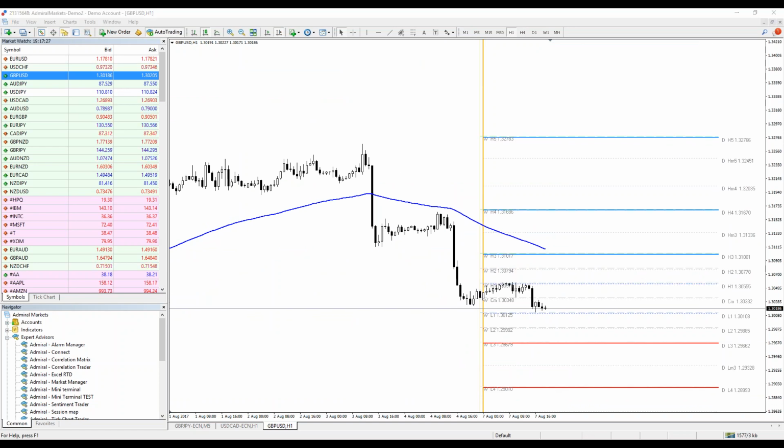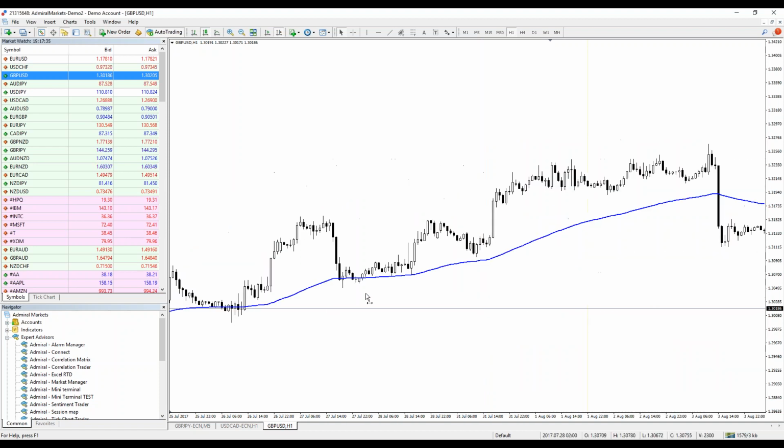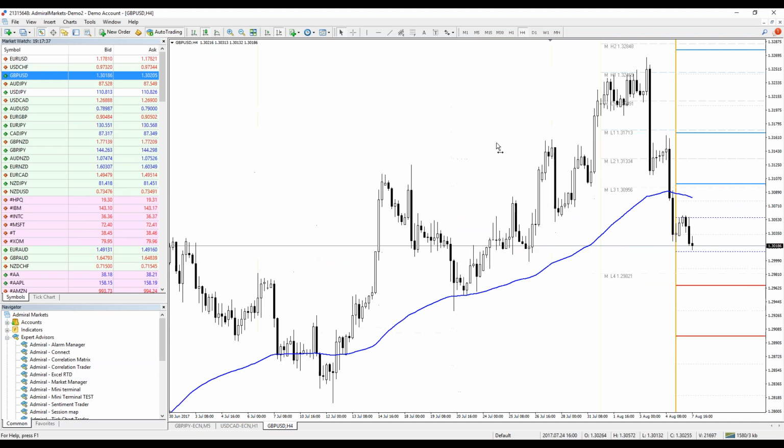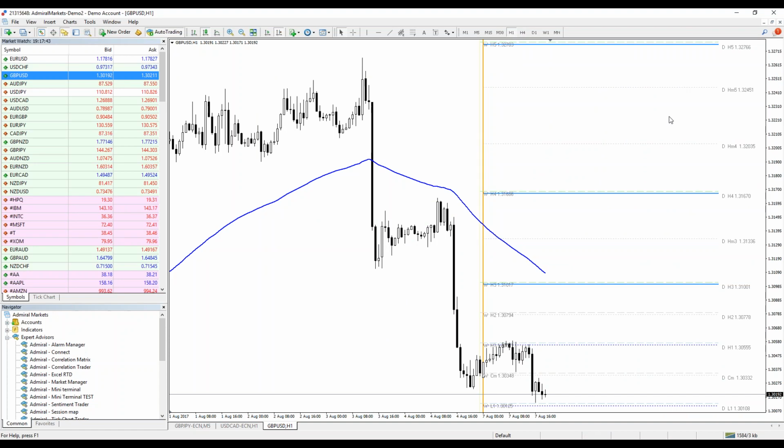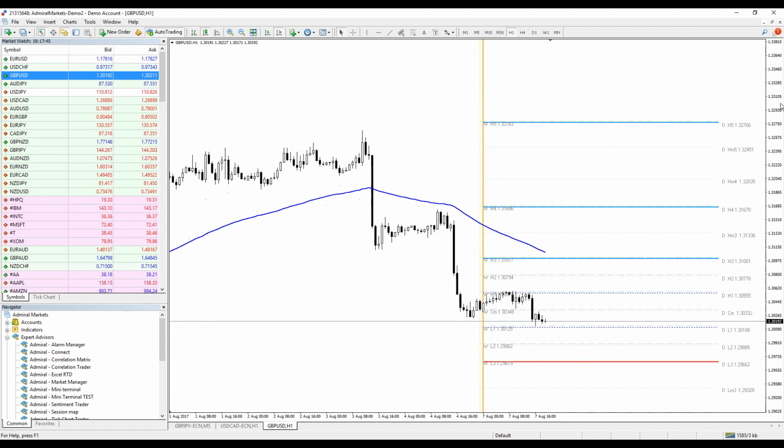And you can see pound dollar could reject from 29.70. Okay, it is a positional buy. You see, price is still in an uptrend, although the price is retracing. It's below the DMA, but it's maybe a deeper retracement. So 29.70 weekly L3 hasn't been tested yet.